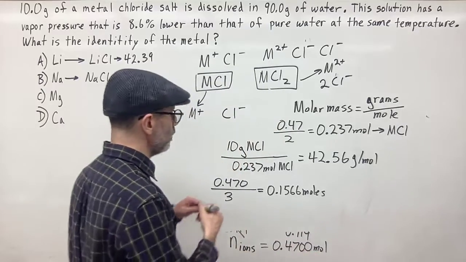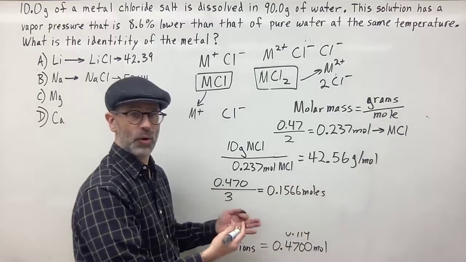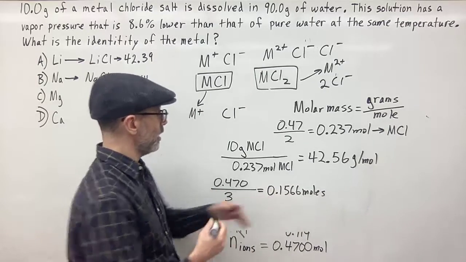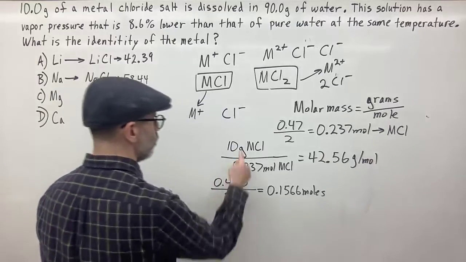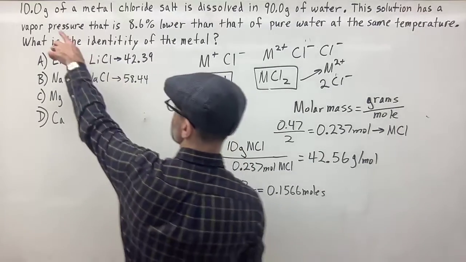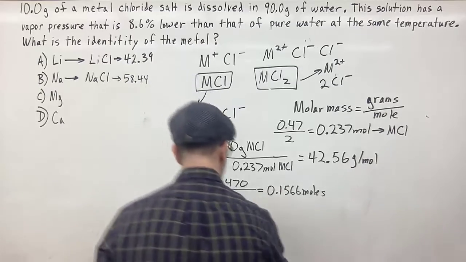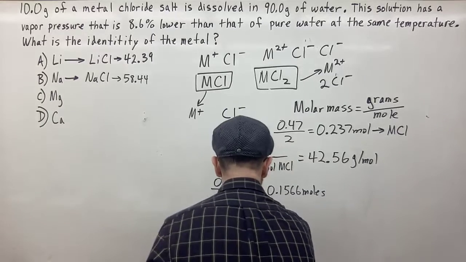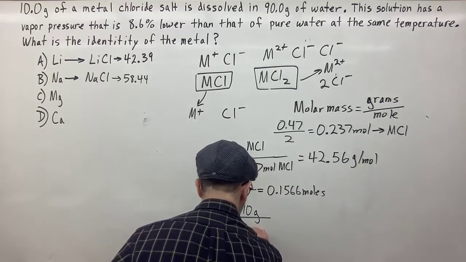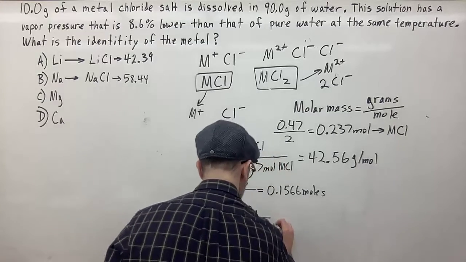So now, if this is the number of moles that we have of our metal chloride, same thing here, we're going to take 10 grams because the 10 grams is the mass of our metal chloride. So we're going to take 10 grams, divide that by 0.1566 moles.